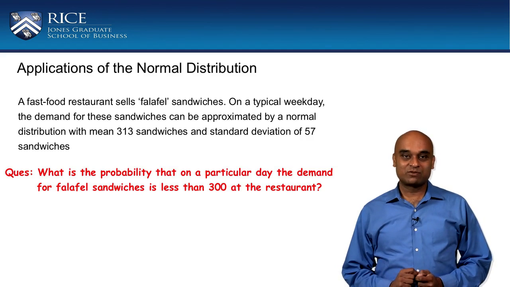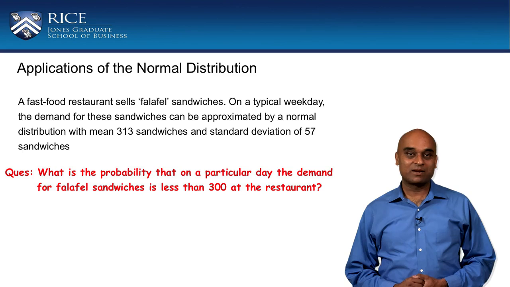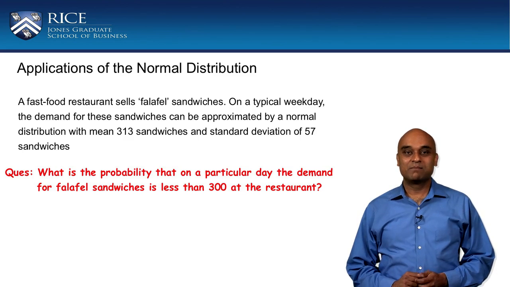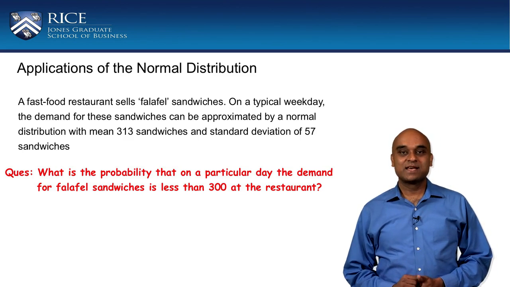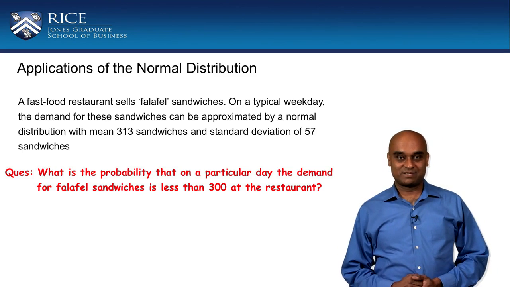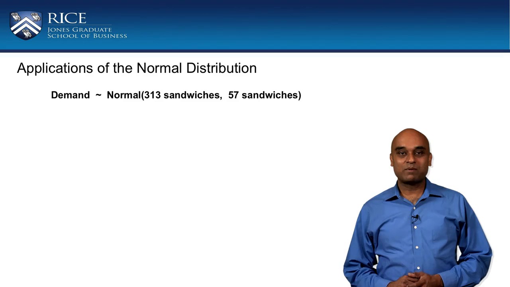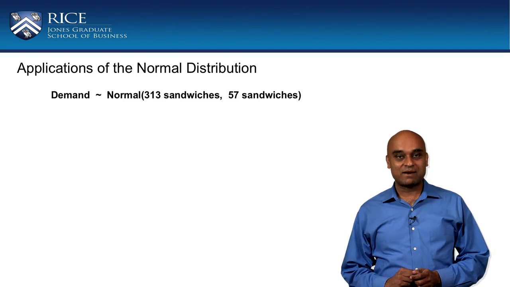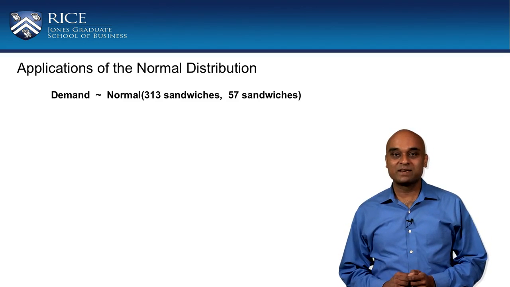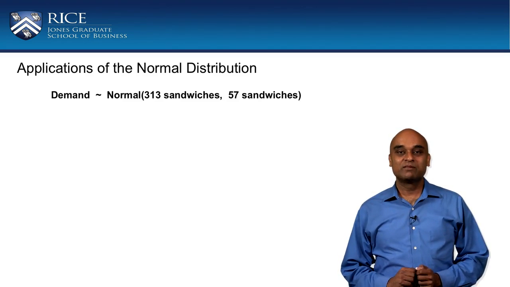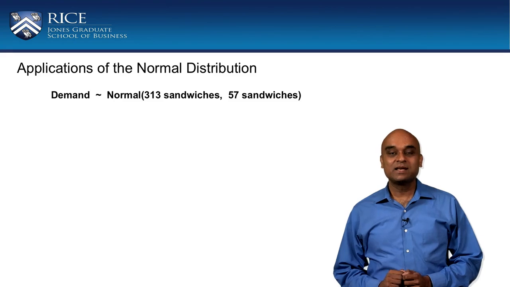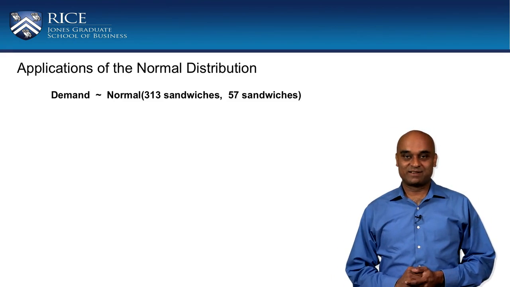The restaurant wishes to find out the probability that on a particular day the demand for falafel sandwiches is less than 300 sandwiches. Here the problem says that the demand for sandwiches is being approximated by a normal distribution with mean 313 and standard deviation 57.